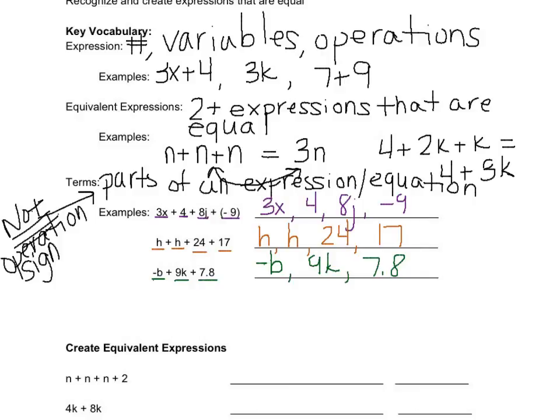So another way that you could think about doing those would be to either cross out or highlight the operation signs, and then what you're left with are your terms.